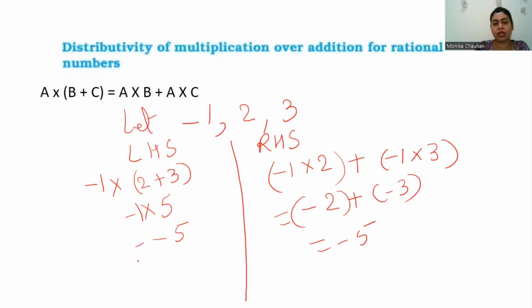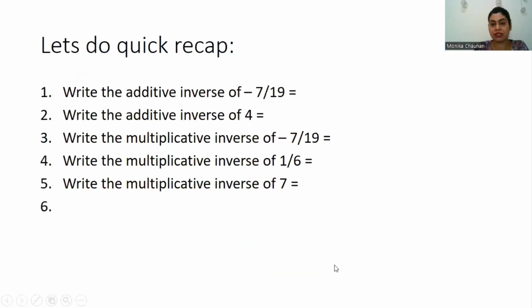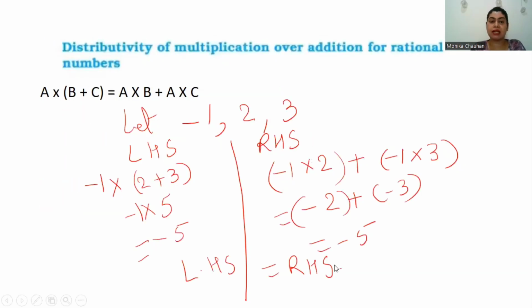Do you see both answers are the same? Yes. Left side is equal to right side. And that verifies that distributivity of multiplication over addition is verified.